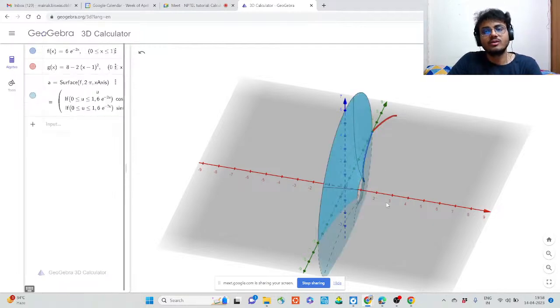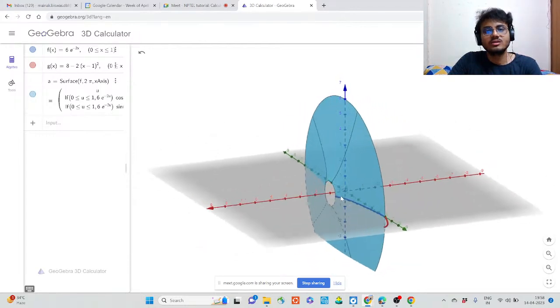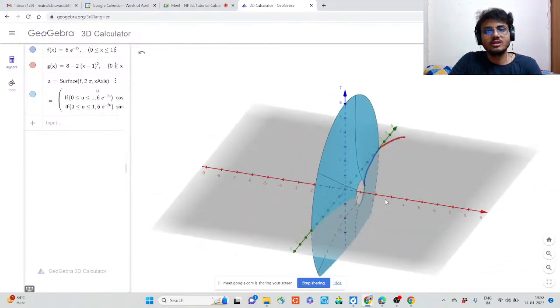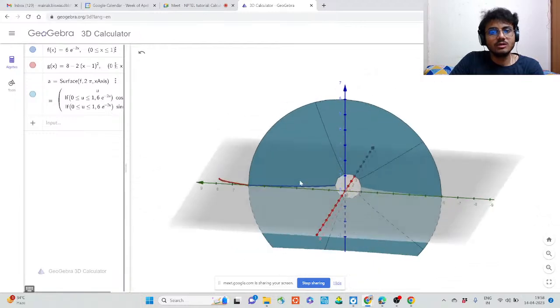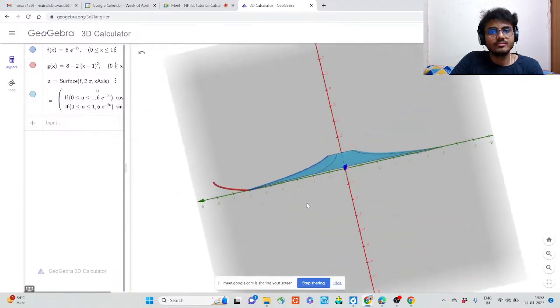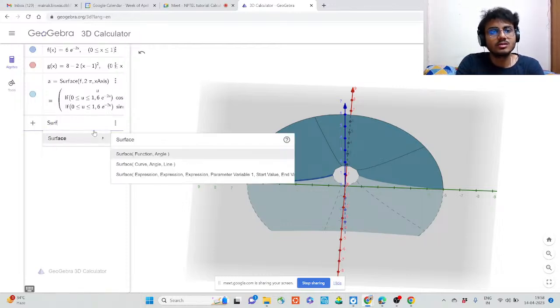You see the disk just like we had drawn, like a volcanic peak, right? And the volume has to be seen about the y-axis, right? Surface.